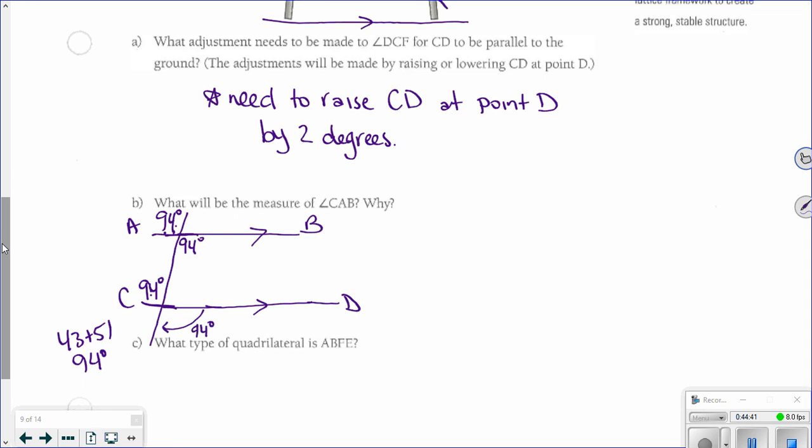It wants angle CAB. Angle CAB is from C to A to B, which is this guy in here. So angle CAB is equal to 94 degrees because it's a corresponding angle to the 94 degrees below the line CD.